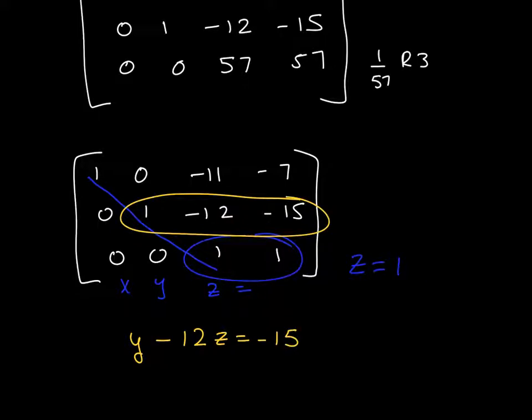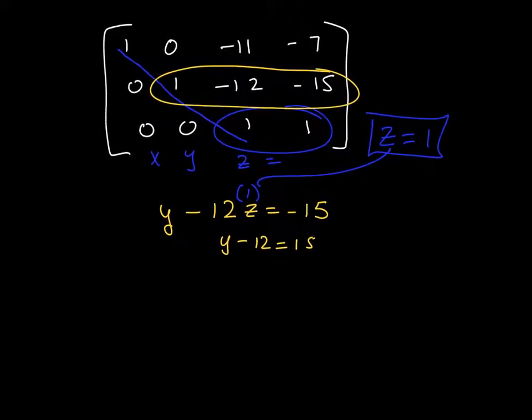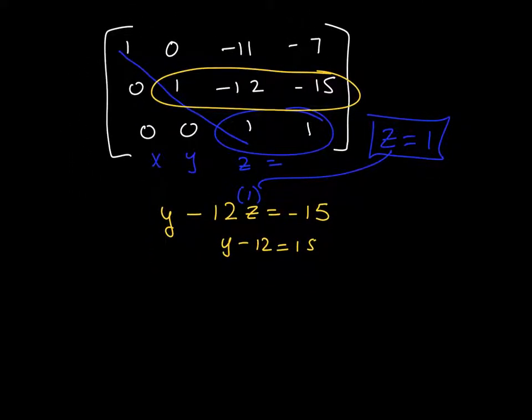But remember what we just said? We just said that z was equal to 1 here, right? So that gives us y minus 12 is equal to negative 15.